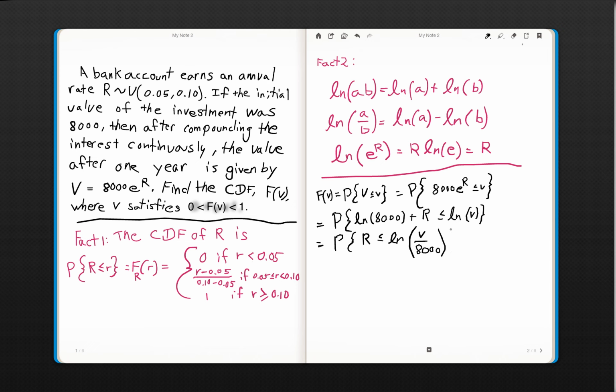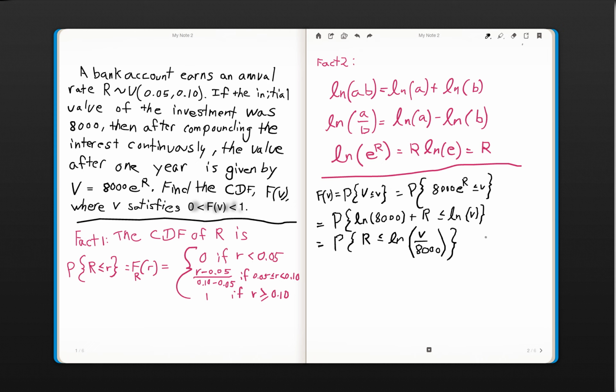But look, lo and behold, we've reached an interesting milestone here in that this is now the CDF of our uniform random variable because we've isolated R. But it's evaluated at the natural log of V over 8,000. Just for clarity, let me write down exactly what I just said.